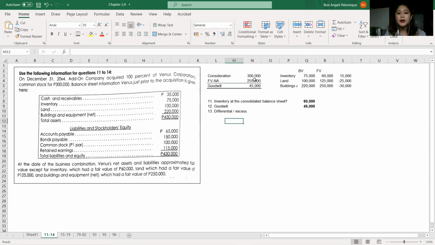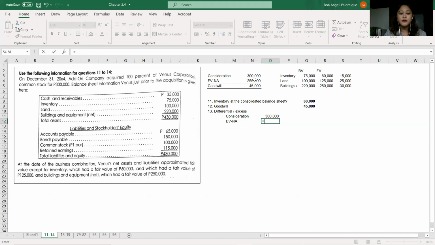Pero dun sa book, consideration less book value equals differential, minus yung over-under valuation equals goodwill. So, technically, to compute for this, kailangan mo yung consideration less yung book value ng net asset ni sub.